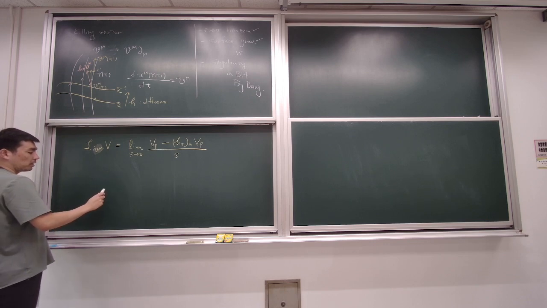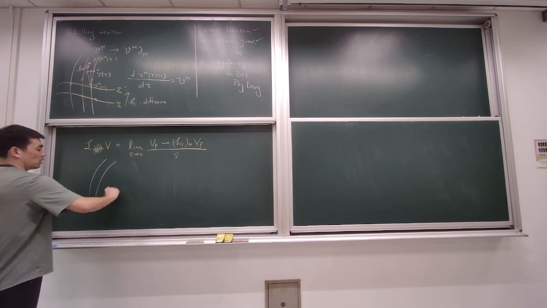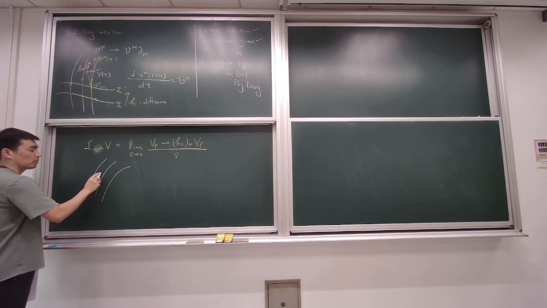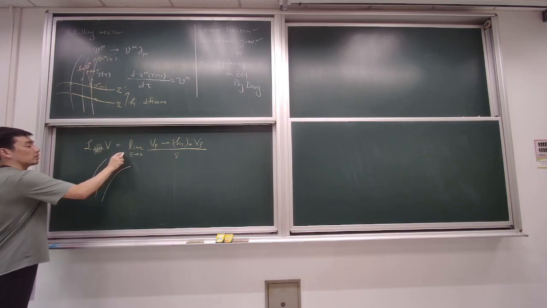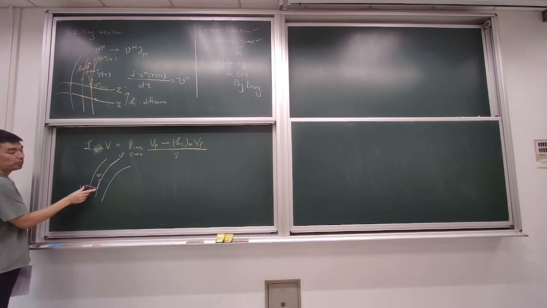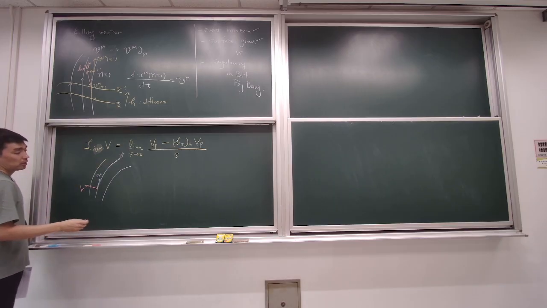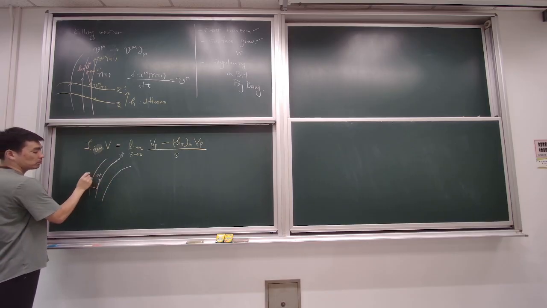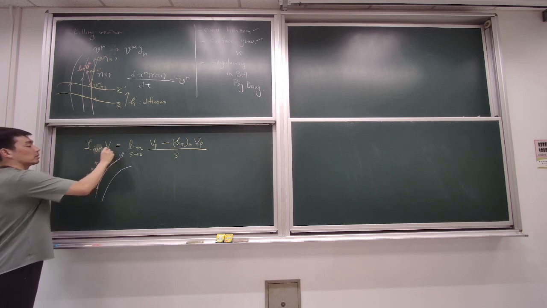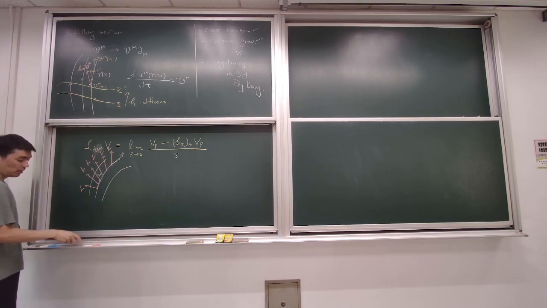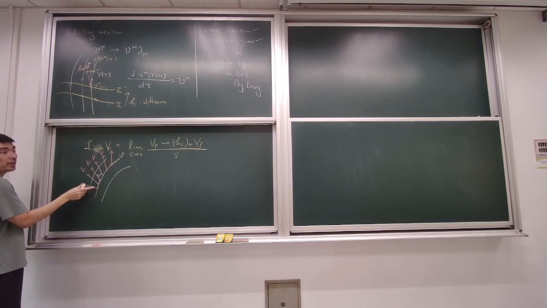In any case, if you have a flow generated by the vector field b^mu, and there is another vector field, capital B, at a different point, you can push forward this vector by this flow.